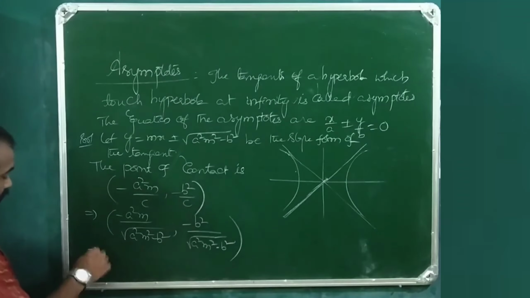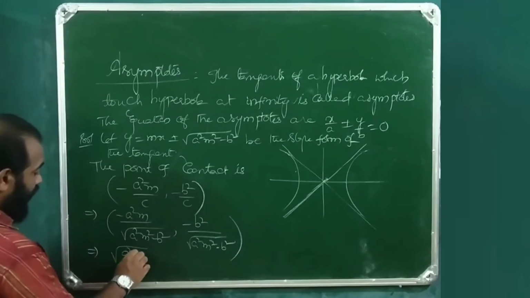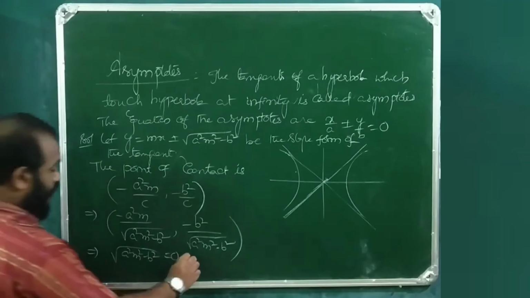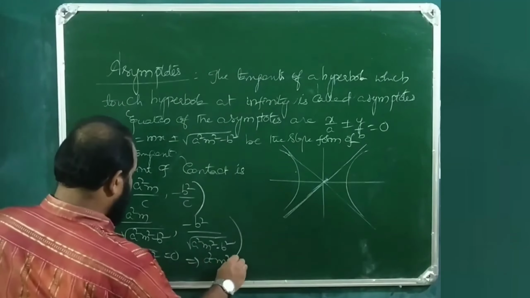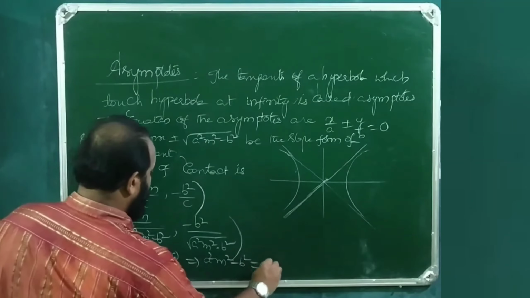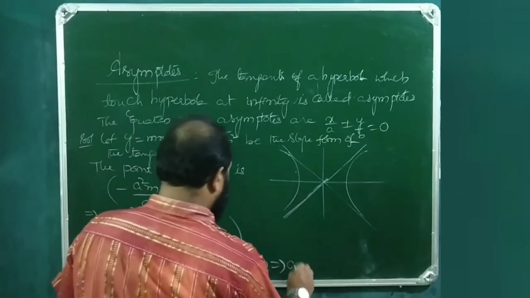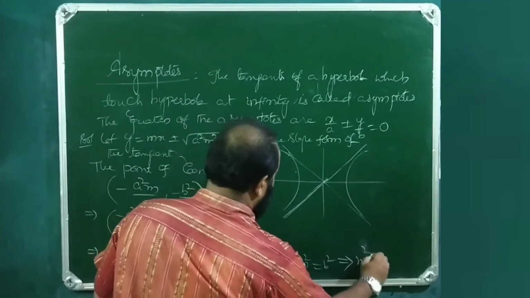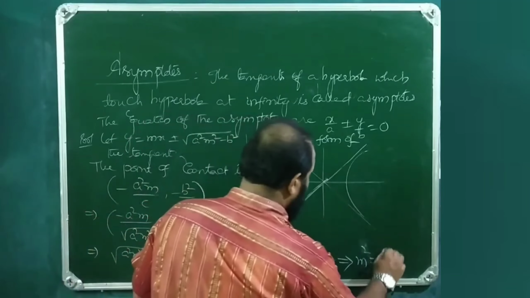Hence a square m square minus b square equals 0, so a square m square equals b square, and therefore m square equals b square by a square.